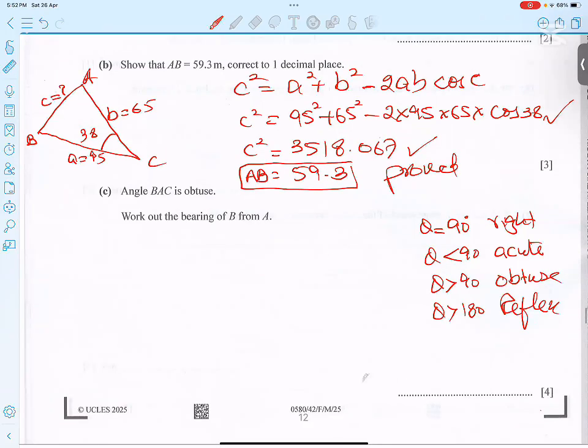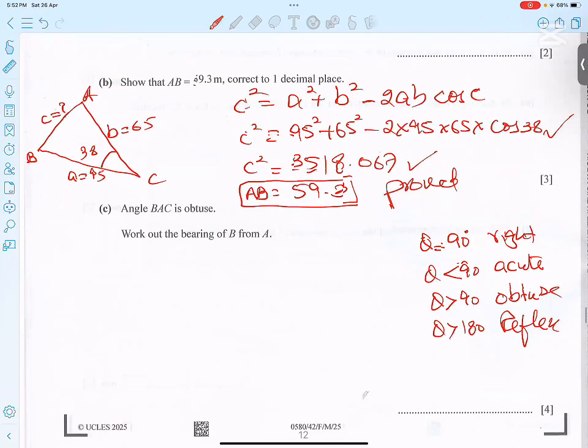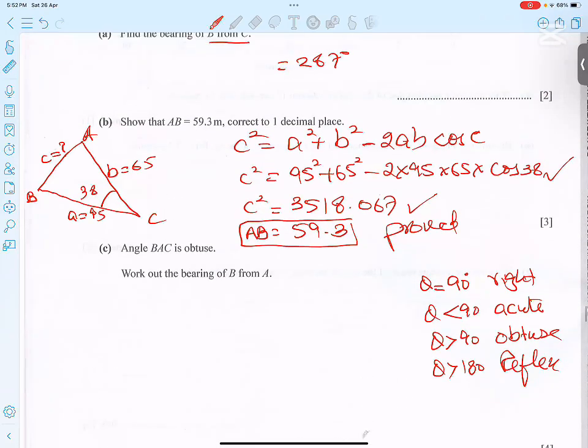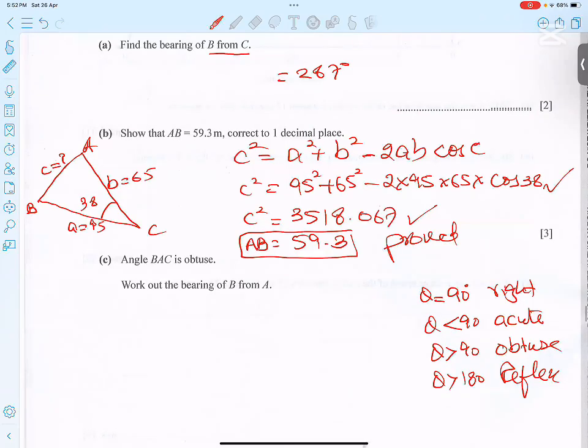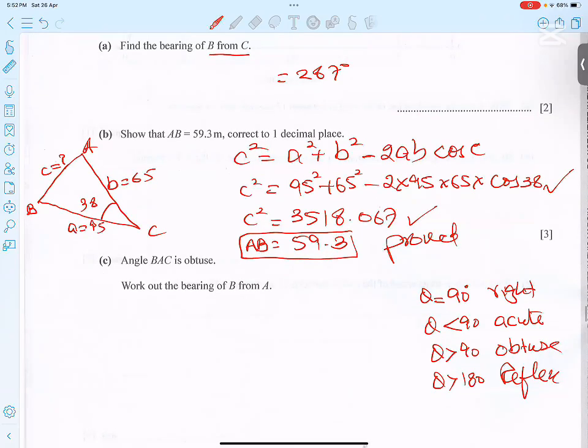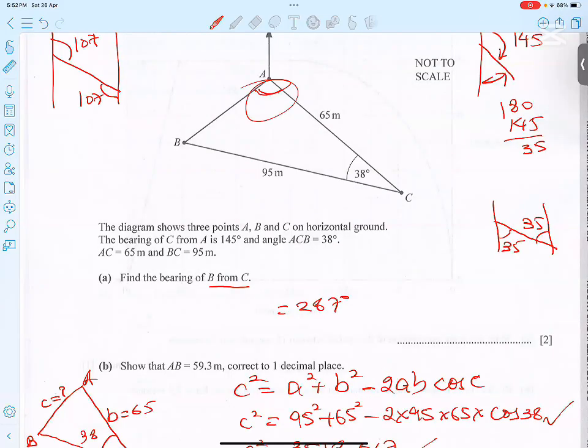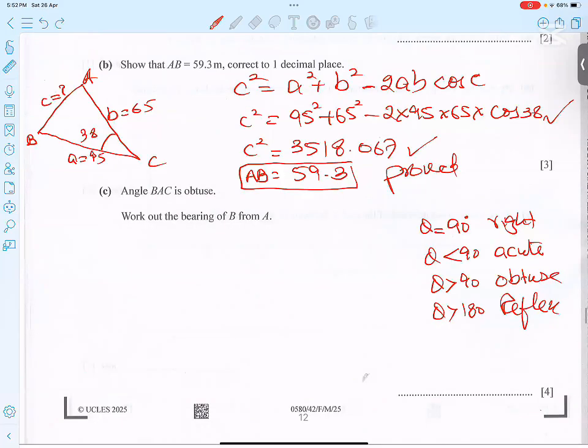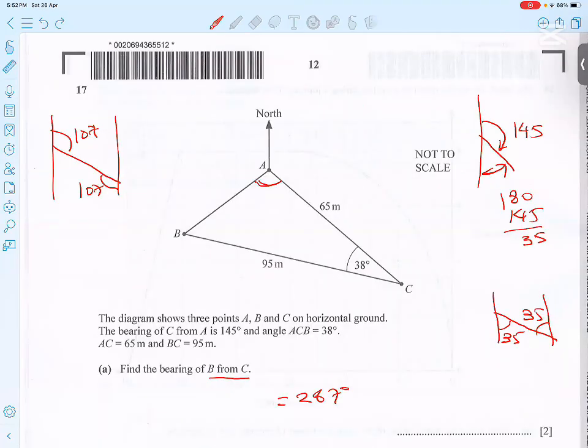Obtuse angle, B from A, bearing of B. Okay, BAC. Where is BAC? This angle he talked about, the obtuse angle. So this is more than 90 degrees. And he said, find the bearing of B from A. So I have to go back and show the previous working, in which I got this 145.